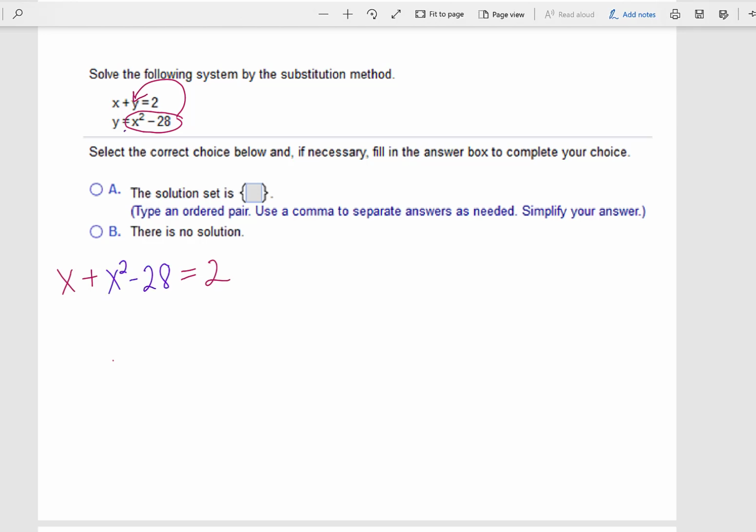Okay, I have a quadratic equation. I'm going to go ahead and get it in standard form by setting it equal to 0. I can factor this to solve for x.